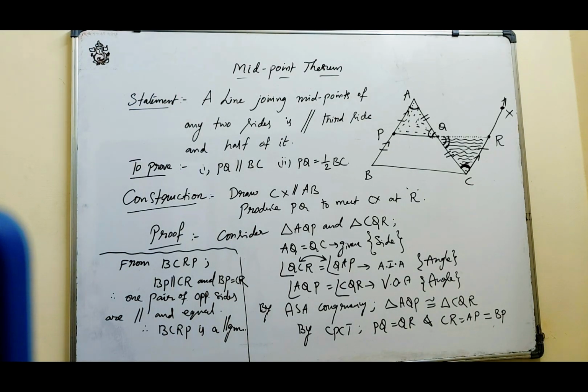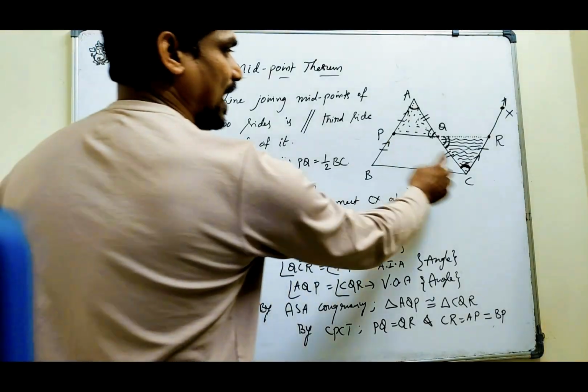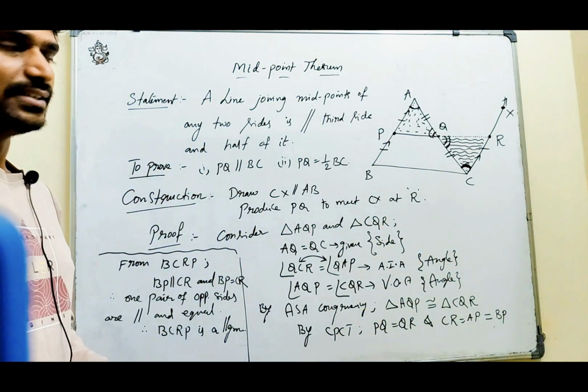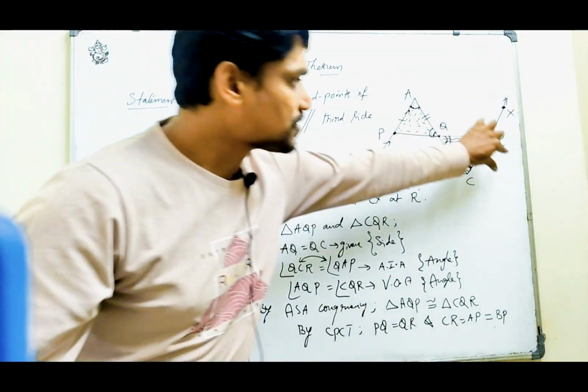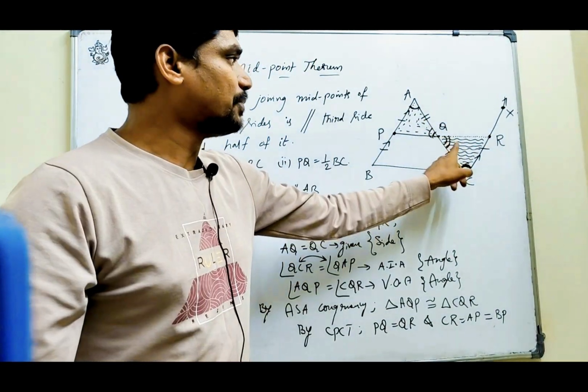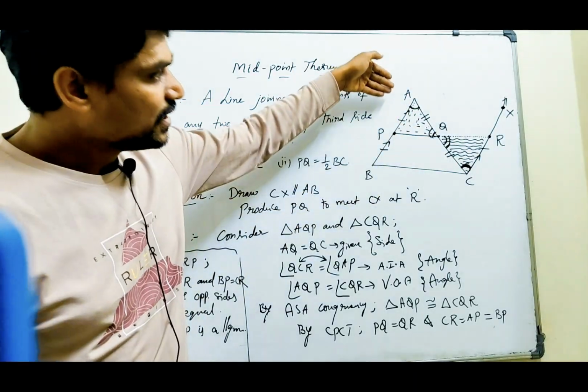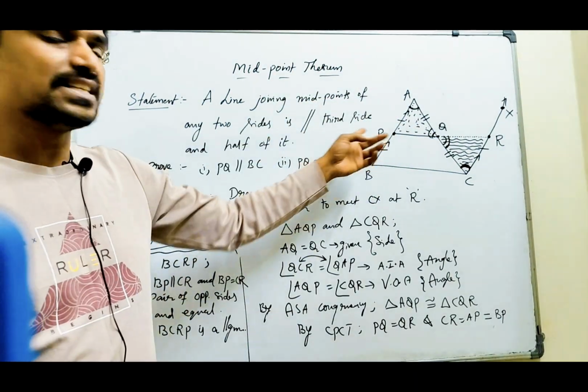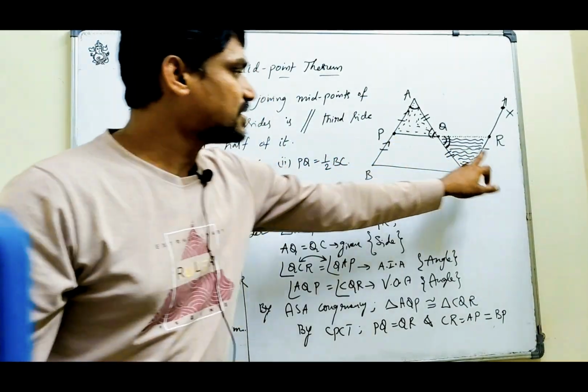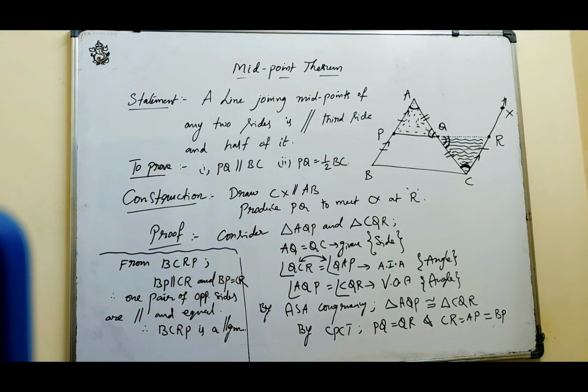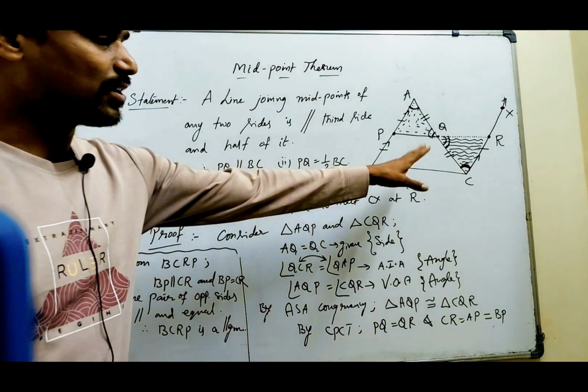So which pair is parallel and equal? BP parallel to CR by construction. BP is equals to CR by congruency. We proved CR is equals to AP. AP is equals to BP already given because P is midpoint of AB. So therefore CR is equals to BP. So now BCRP is a parallelogram.